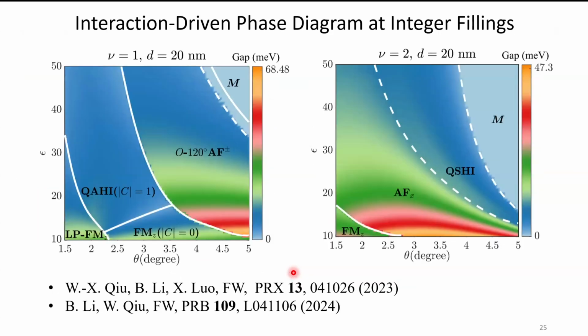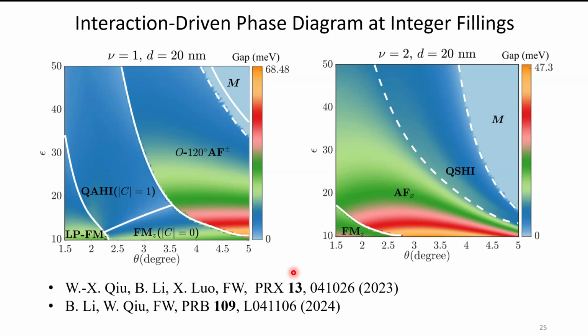Before going to the fractional states, I want to advertise this phase diagram from my group at Wuhan University. We map out the interaction-driven phase diagram at integer fillings, filling factor 1 and filling factor 2. The main message is that besides the topological states, for example, the Chern insulating states at filling factor 1 and the quantum spin Hall insulating states at filling factor 2, there can be many other competing magnetic states.